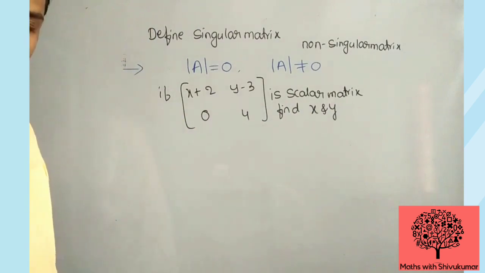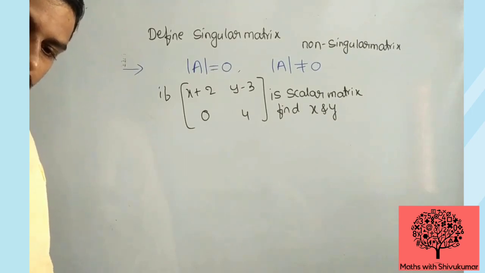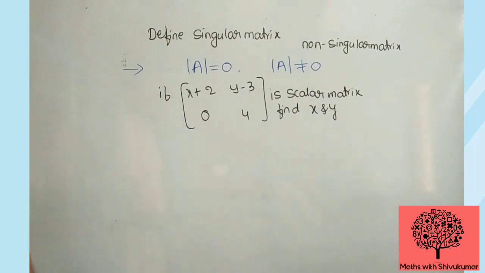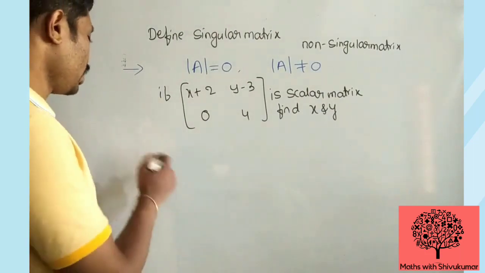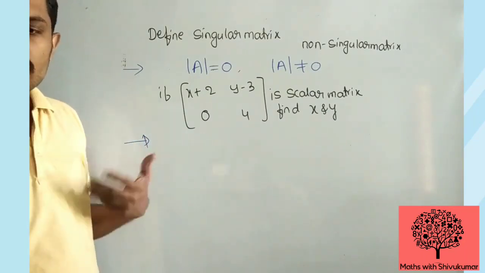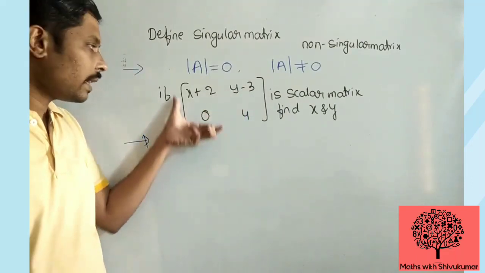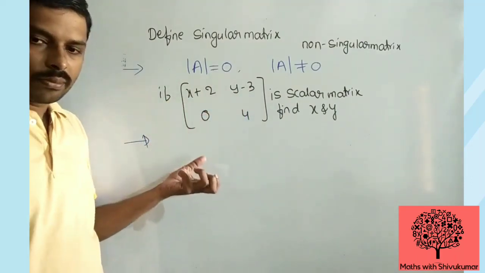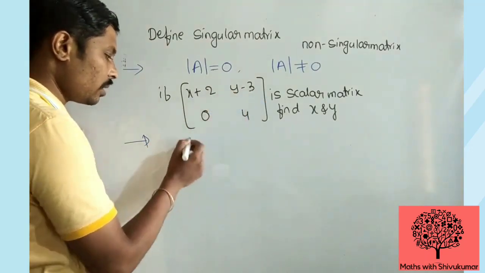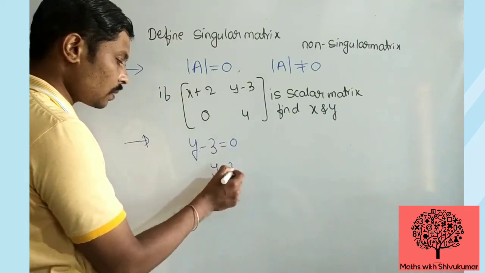Students, the important thing here is that we have to know the definition. What is the definition of a scalar matrix? We have just discussed it. It is a square matrix in which non-diagonal elements are equal to 0 and diagonal elements are the same. Non-diagonal element equal to 0 means y minus 3 is equal to 0, so you get y equal to 3.